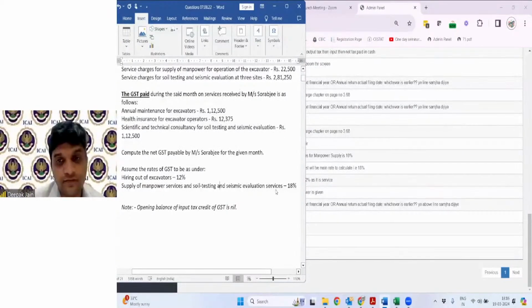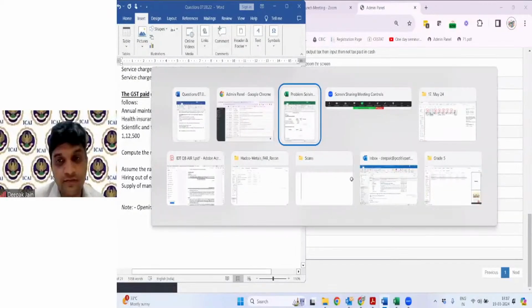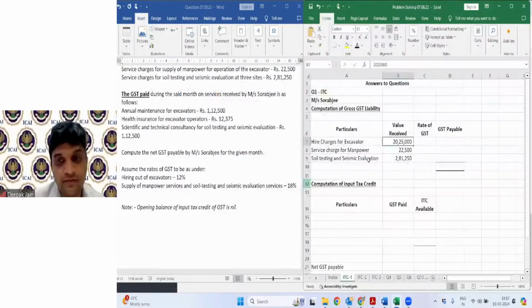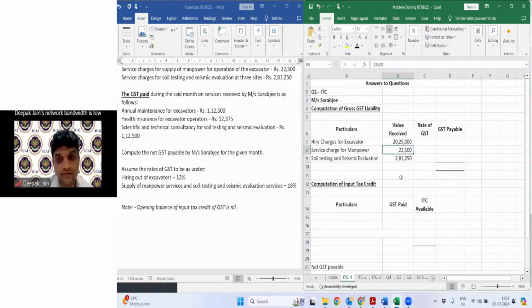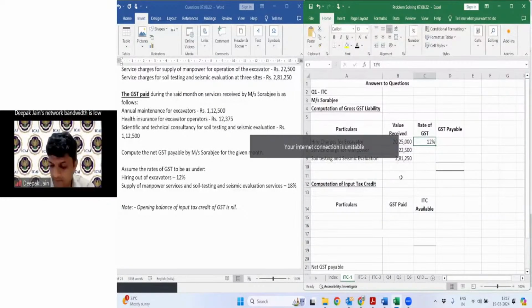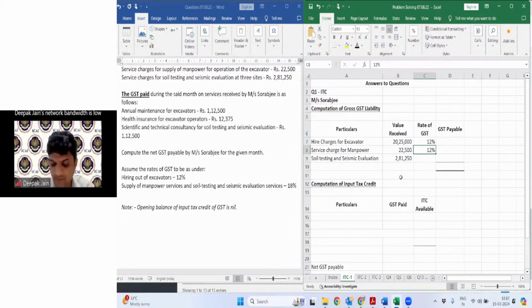Hiring of excavator, we are clear, 12%, right? Then for manpower, again 12%. Is there a mistake here? Am I taking the 12% rate correctly, or should it be 18%? Soil testing and seismic evaluation, there it is 18%.